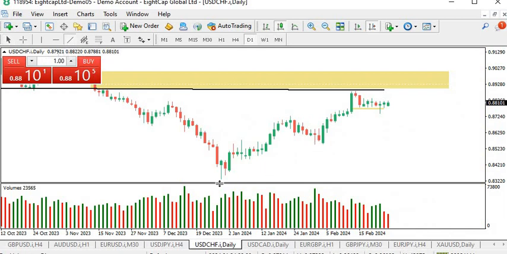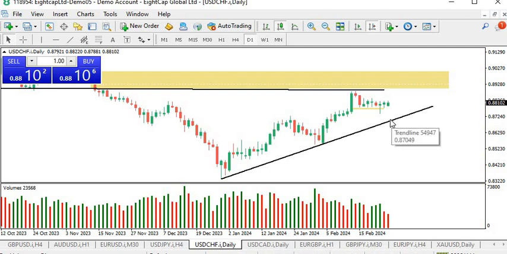As I said, we will only trade it on the third touch. I draw the trend line. We will wait for the market to come here for the third touch, and we will not enter the trade directly when it reaches the trend line. We will wait for the catalyst.